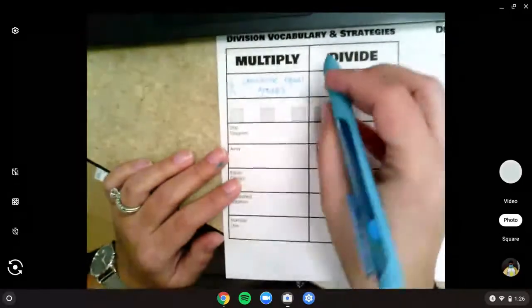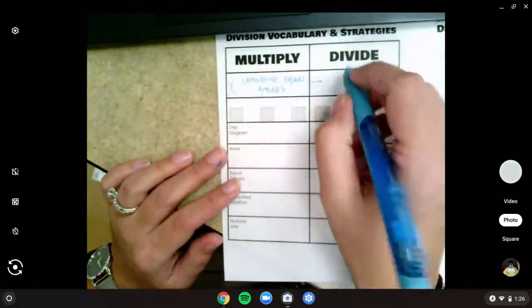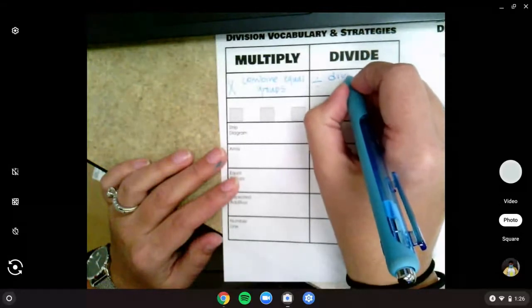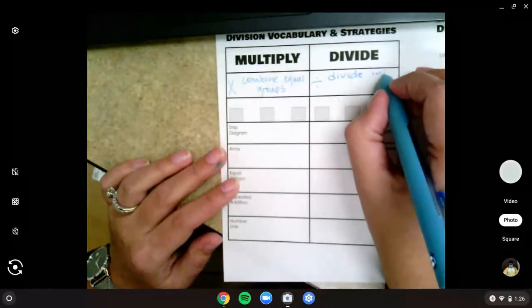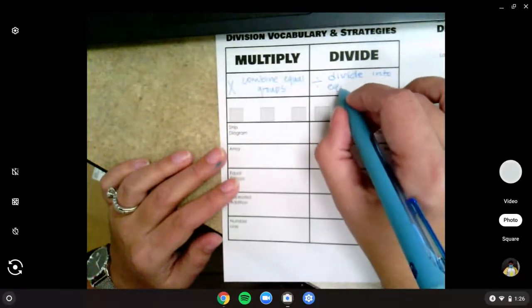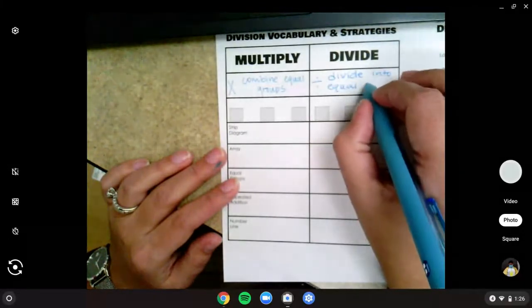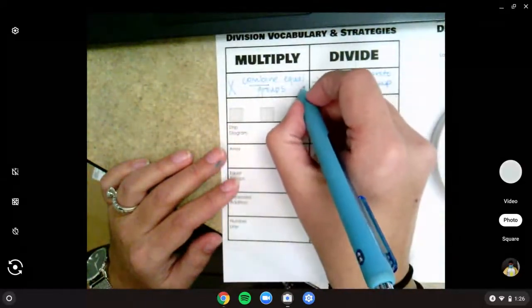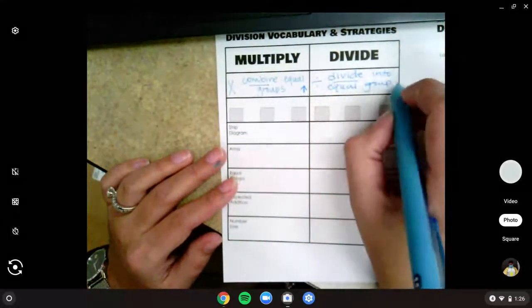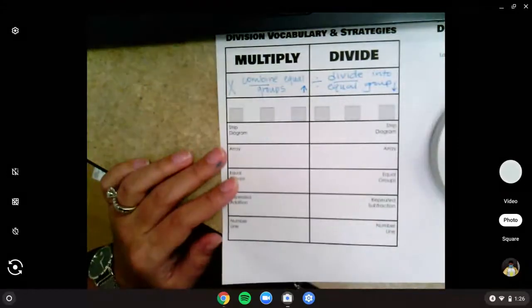Okay? When we have divide, we are dividing into equal groups. Both of them are talking about equal groups. It's just if we're combining and getting bigger or dividing and getting smaller.